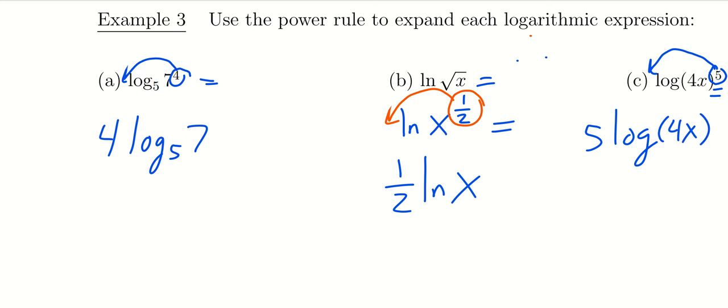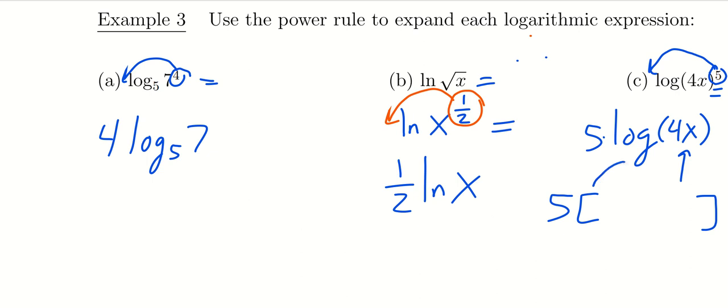Now for this part, if we wanted to, we could actually do more with this piece, because we would be able to now apply the product rule if we wanted to split it apart even further. Let's go ahead and do that. This is some common arithmetic that you're going to see in this section, but notice that when we use the product rule for logarithms, this is 5 times the log of 4x.